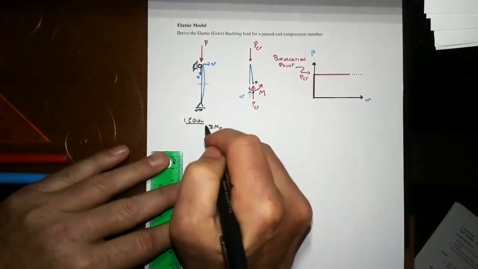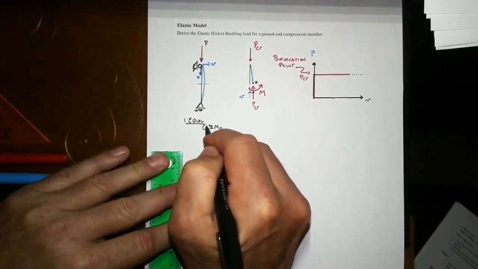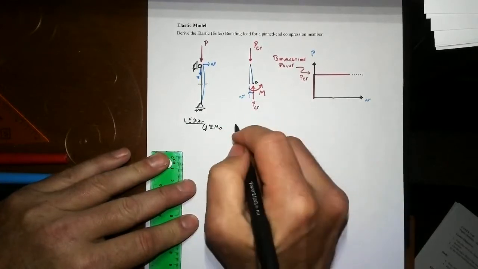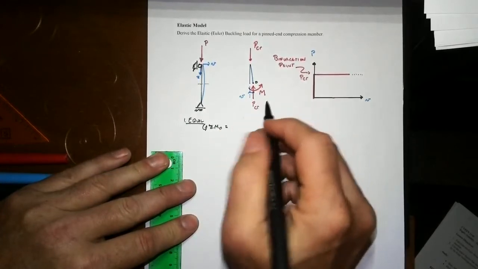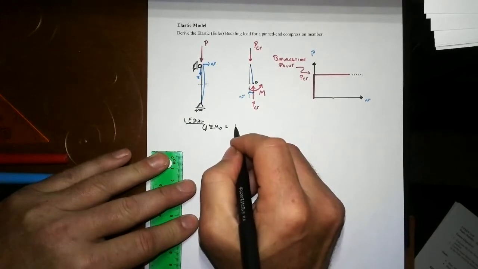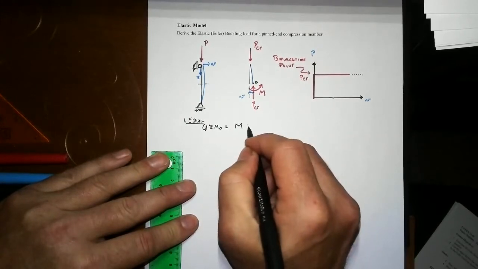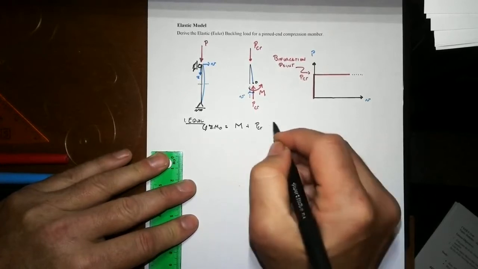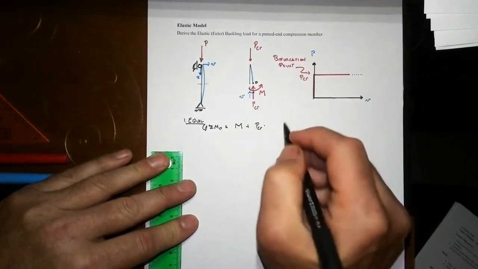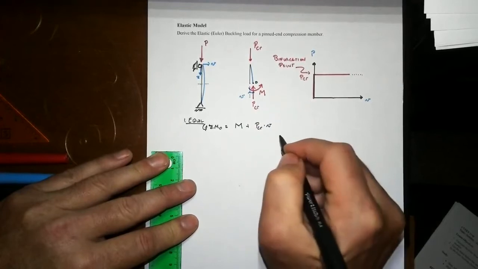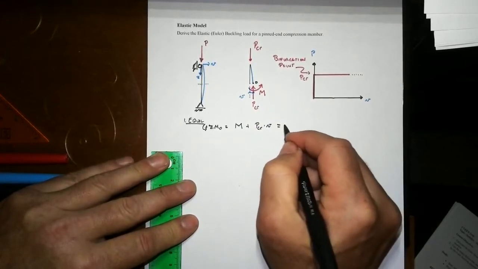Let's take counterclockwise as positive. We'll have our internal moment plus P critical times our little eccentricity that we've got here, which is v. And that has to all equal 0.